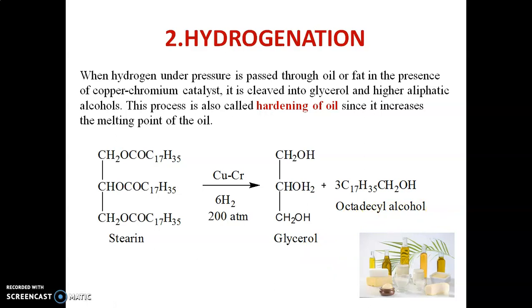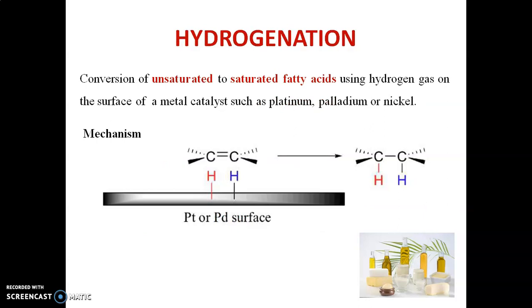This process is called hardening of oils, since it increases the melting point of the oil.